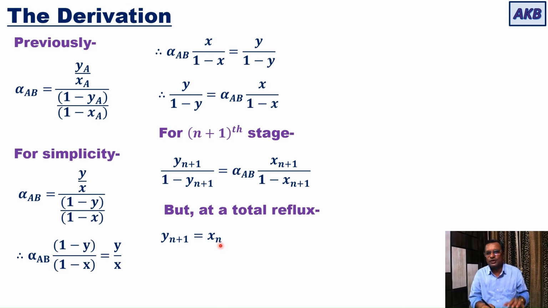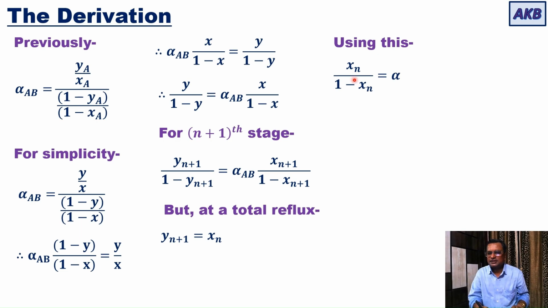I am giving a link to that video; please watch it if you have not seen it. Since the operating lines coincide with the diagonal line, you have this relationship: yn plus 1 is equal to xn. That means now wherever there is yn plus 1 in the previous equation, I am going to replace it with xn.